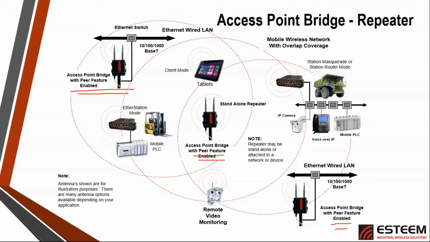Each one of these radios will be configured as an access point bridge for the purposes of this explanation. So whatever comes in on this Ethernet link is going to be passed across the wireless system and will arrive at not only this device, which currently is just a standalone repeater, but will also be relayed down here to this remote.